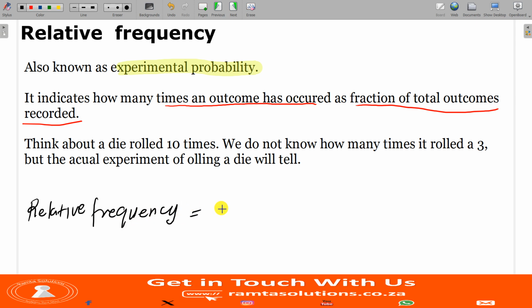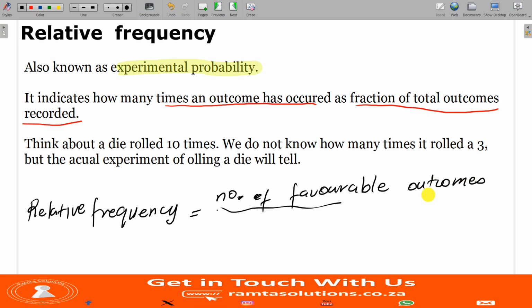What is the formula? It is basically the number of favorable outcomes over the total number of outcomes, or total number of trials.